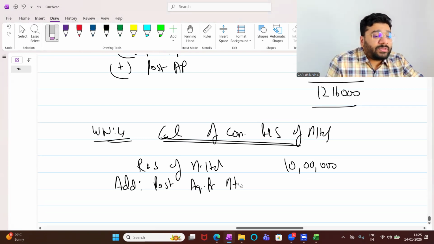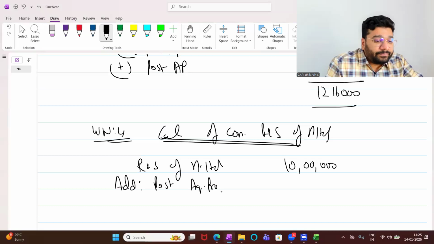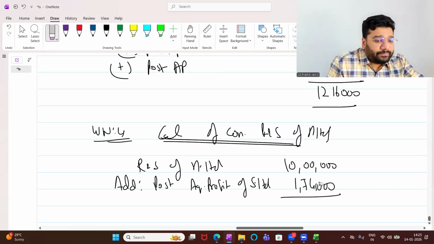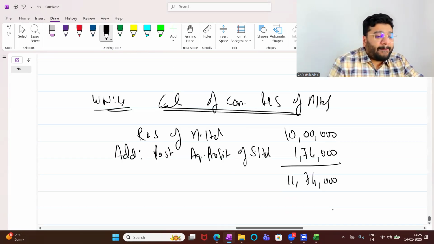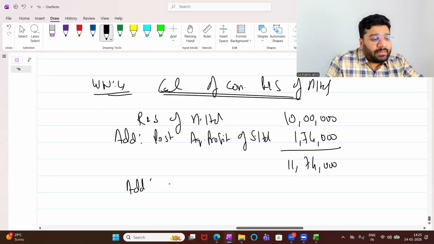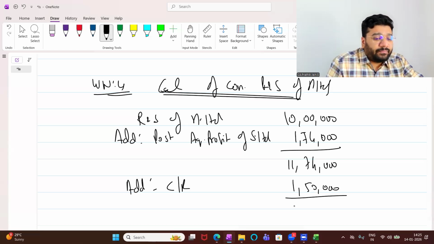Post-acquisition profit of S Limited that belongs to H Limited, 1 lakh 74,000. Less the discount rate of 150,000, so 11 lakh 11,74,000. Plus capital reserve, add capital reserve of 1,50,000. How much is it? 13 lakh 24,000.